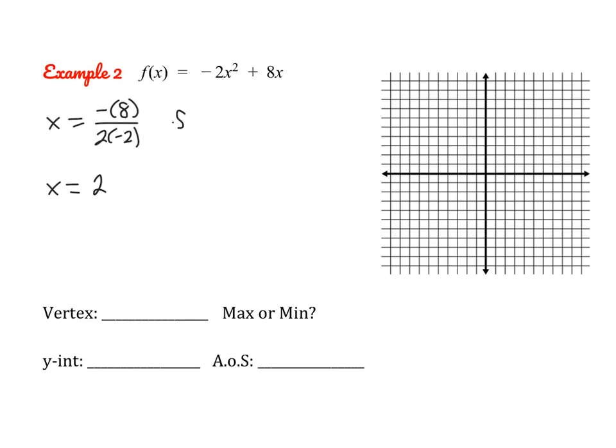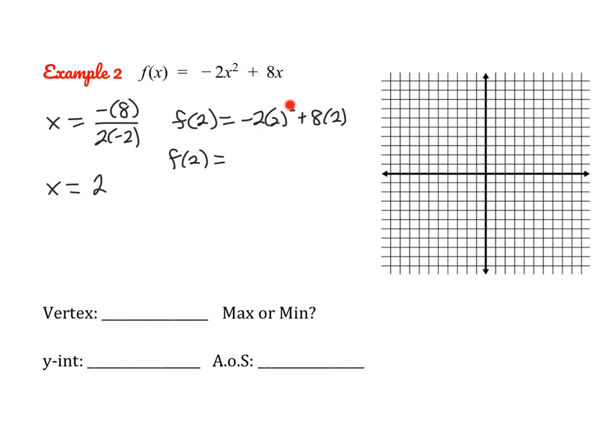Now we need to find the y value of our vertex, so we're going to substitute into our function. When you're simplifying this, be careful. We always need to make sure we do our exponent first.